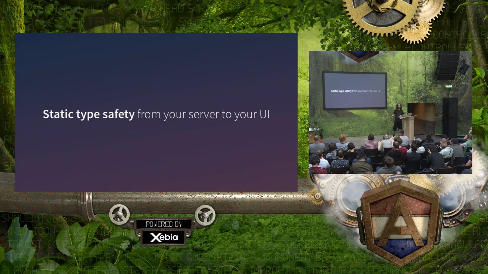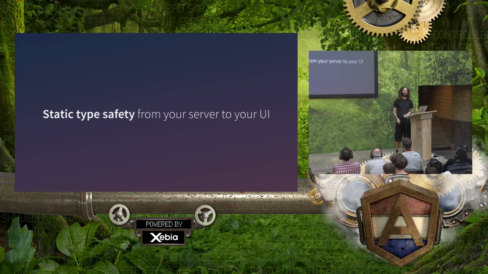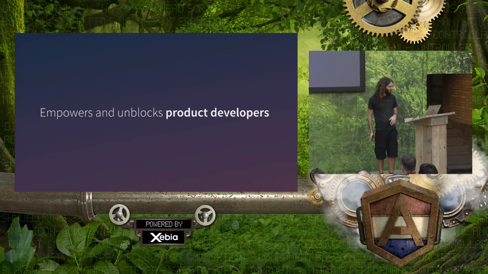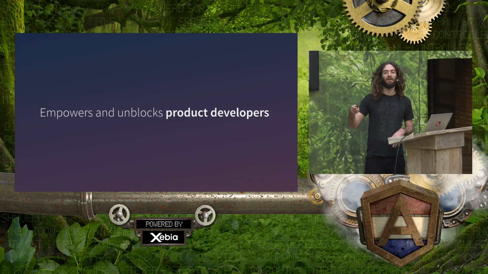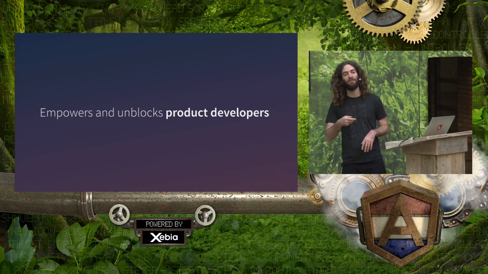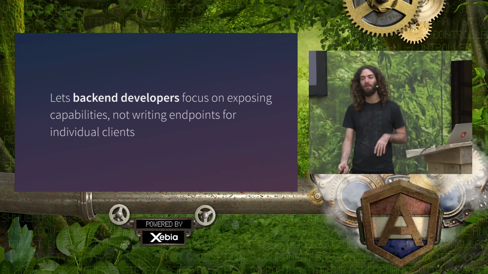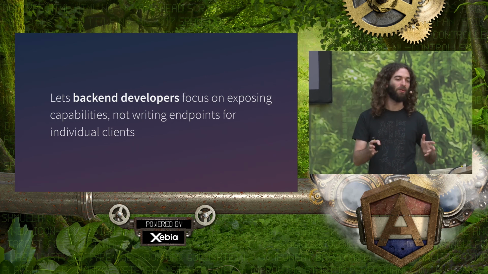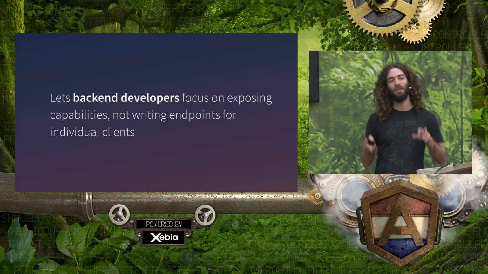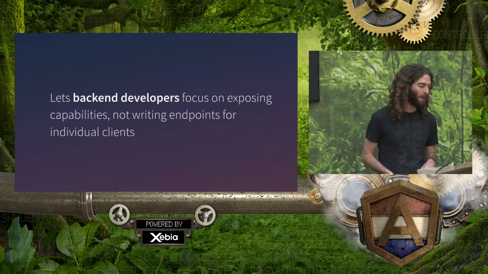I know because I tried all those weird technologies. This works. Try it. It empowers product developers because I can just change stuff in my client, and I don't need to be dependent on the server. Just remove a field, add a field, I'm fine. And the backend developers can just do the thing they want to do, expose data. They don't need to care about a new screen on the client or a new design or a new app.